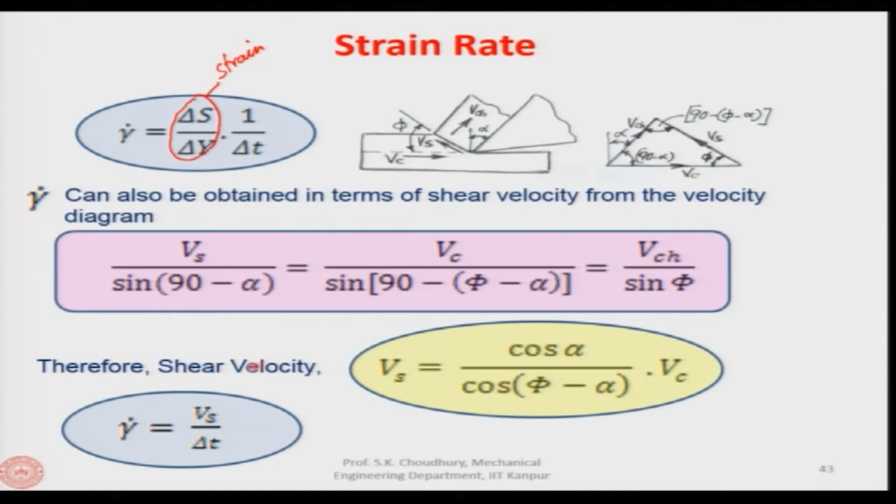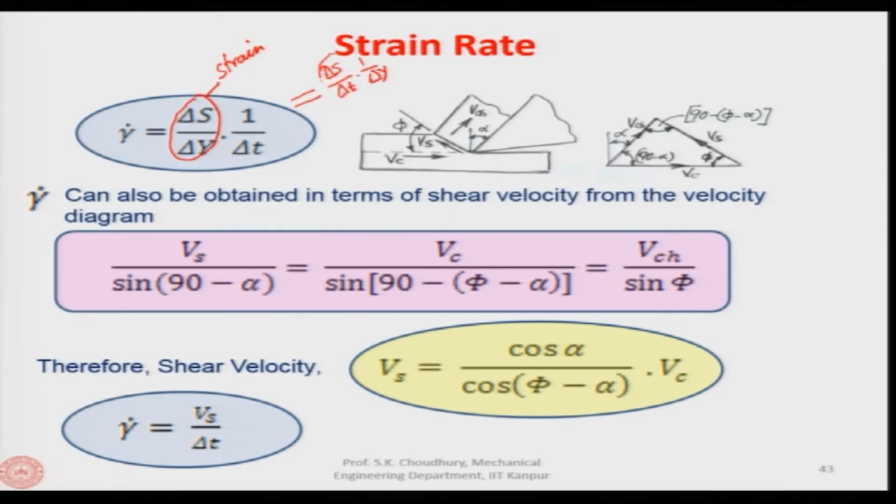And the shear velocity, once we found out, see, if we write the shear strain rate in this way, delta S by delta t into 1 by delta y. So, delta S by delta t is nothing but Vs, which is the shear velocity, and this is into 1 by delta y.